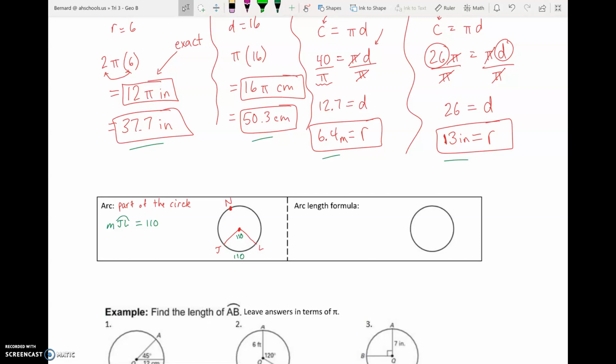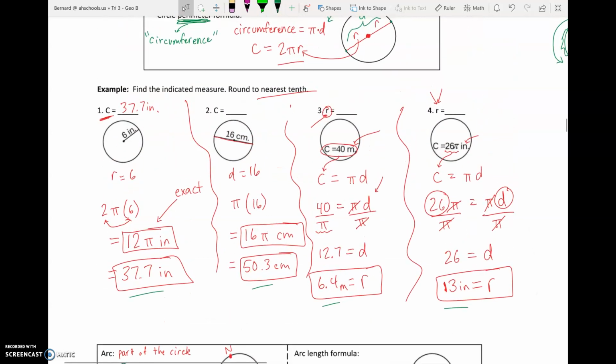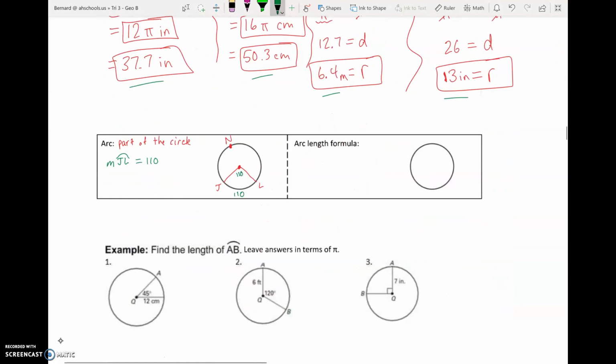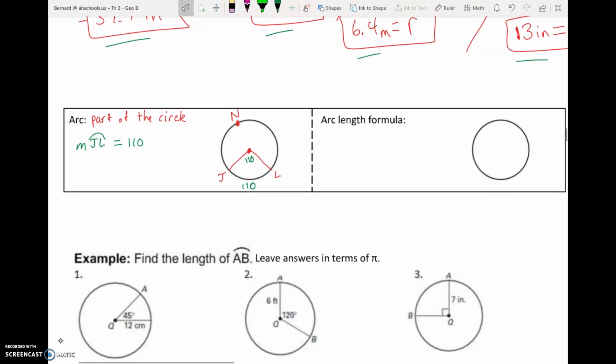And so even though a circle always measures 360 degrees in total, if they're asking us about length, they're not asking us about degree measure. They're asking us about something else, right? And so we use formulas like the circumference to figure that out. And so that's where this discussion is moving. And so let's keep talking about arcs and their degree measures, because then when we talk about arc length, we'll see how to use those degree measures, but convert it into a length instead of a degree measure.